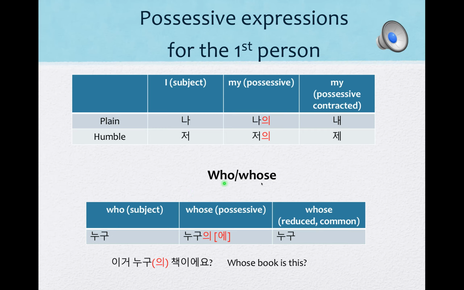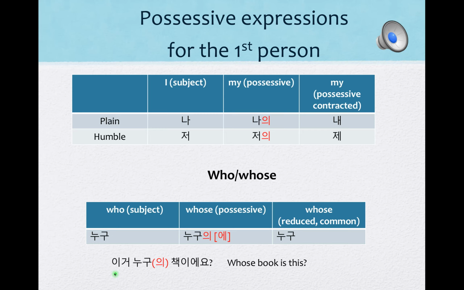If you don't know who something belongs to, you would say who or whose in English. Same thing here. Who in the subject case is 누구. And if you want to indicate the possessive ending, you would say 누구의. Or reduced, you just drop that little particle and say 누구. So you found the book on the desk.